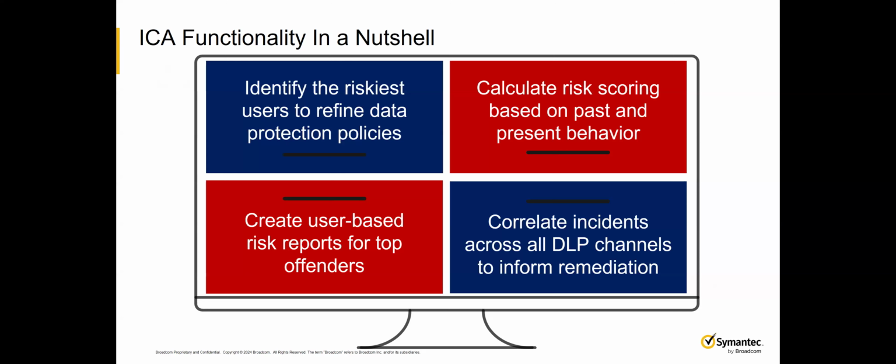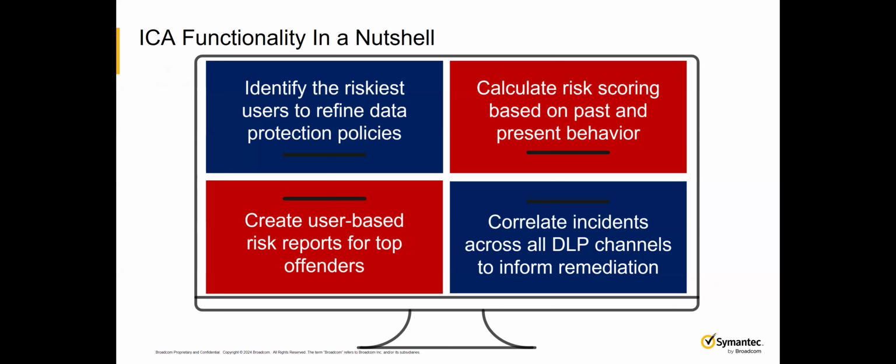It correlates and consolidates multiple incidents and allows for speedy remediation. ICA essentially moves the analyst away from a single incident view to a combined, rolled up, consolidated behavioral-based view for that entity, be it a user, endpoint, or application.